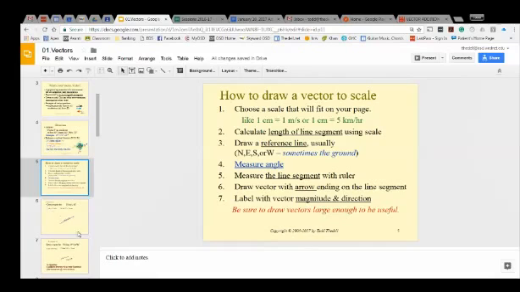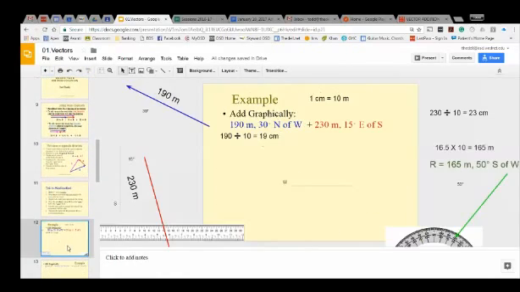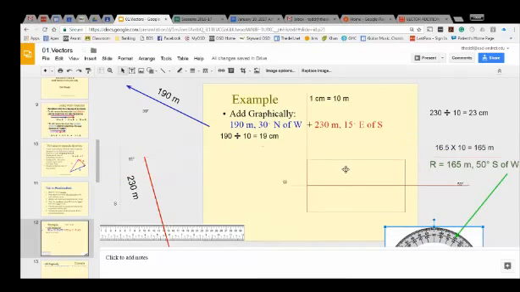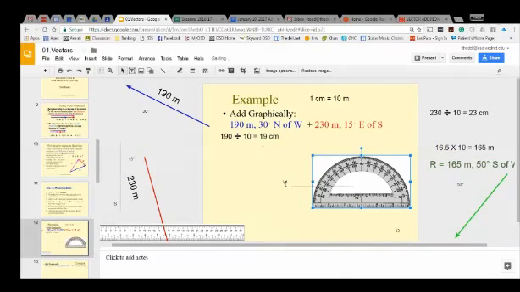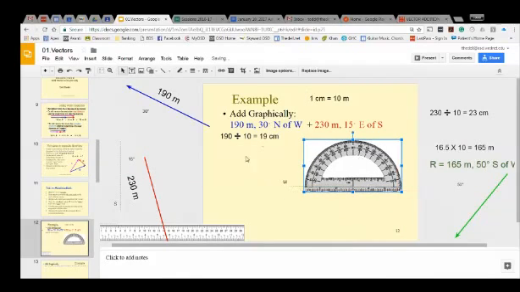Now we're going to measure the angle. So I get my protractor out, and I need 30 degrees north of west. I put the west line in as my reference because that's what it's referencing, and I'm going to go up, towards the north, 30 degrees. So I put my protractor on the end of my reference line, and then I make a tick mark at 30 degrees, someplace out there.